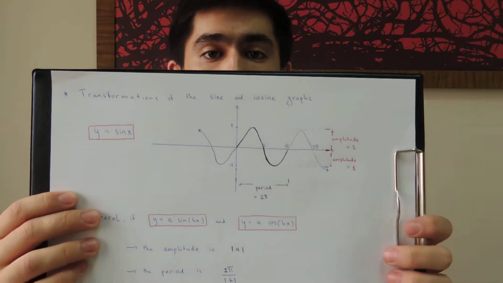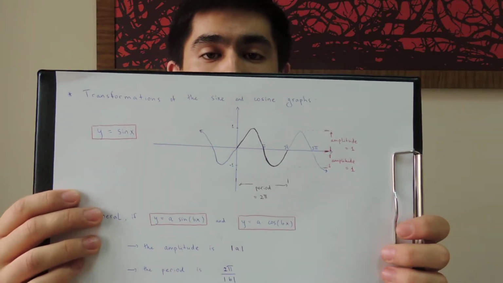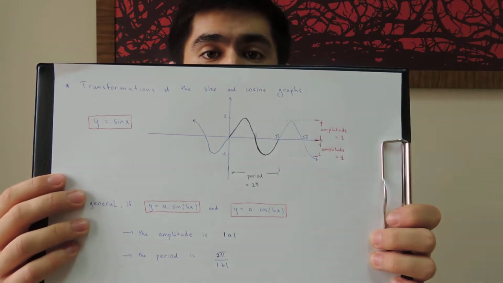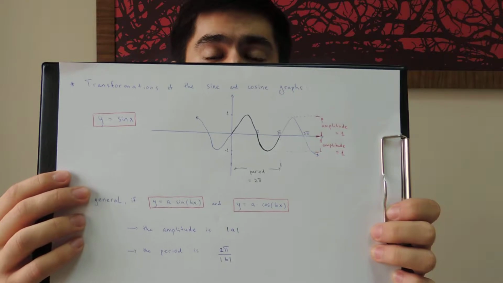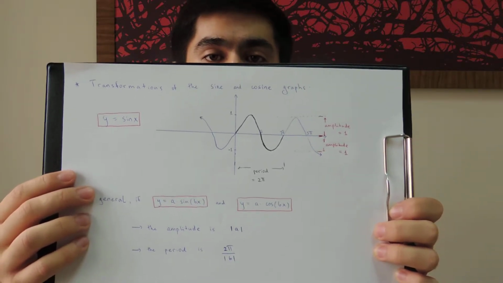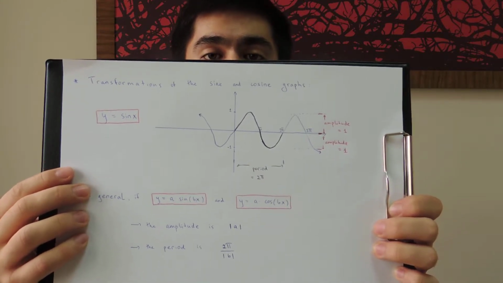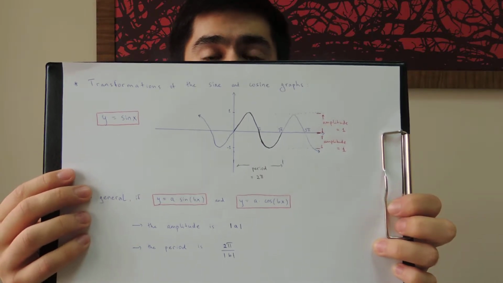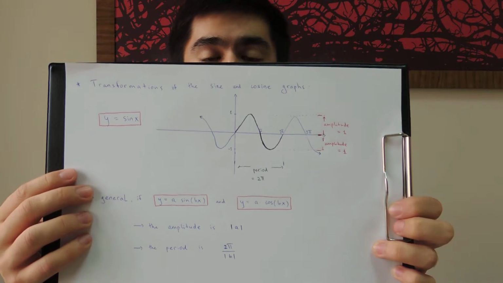So, in general, as Roberts says, there are two general equations for both sine and cosine functions. They equal y equals a times sine bx, and y equals a times cosine bx, where a is the amplitude and the period can be defined by b.